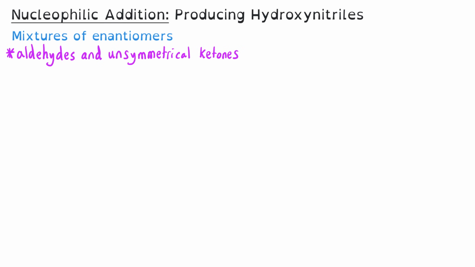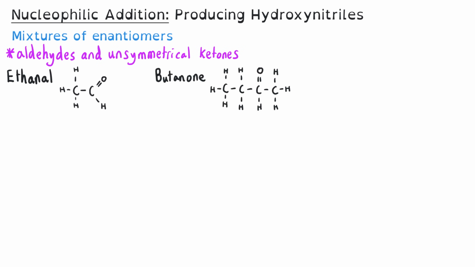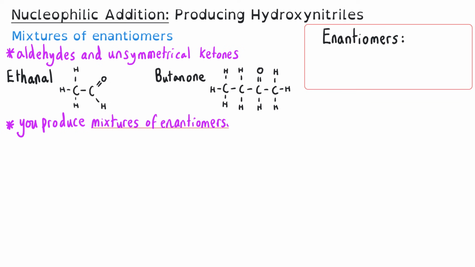When you carry out nucleophilic addition reactions on aldehydes and unsymmetrical ketones, for instance, ethanal or butanone, you produce a mixture of enantiomers. Having two enantiomers means that you've got two molecules that are mirror images of each other. But more than that, they are non-superimposable when you turn one of them around.